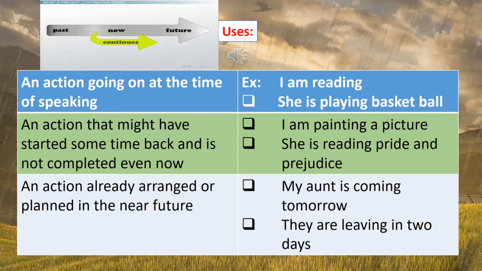Here the action started somewhere in the past and still the painting is not over. And she is reading Pride and Prejudice. She started somewhere earlier and still continues.